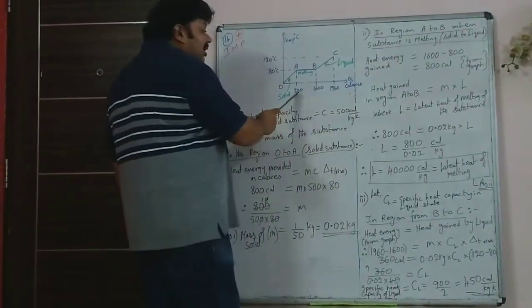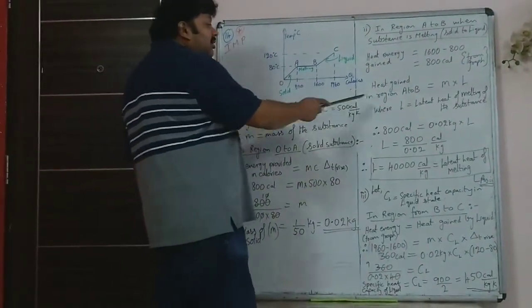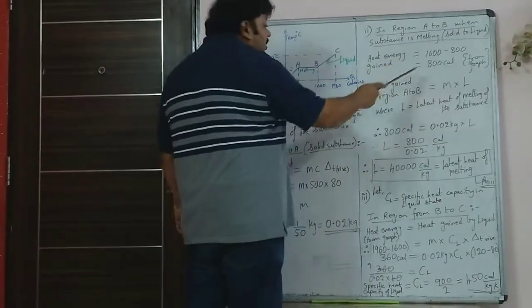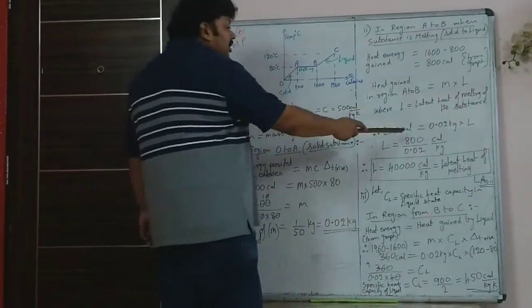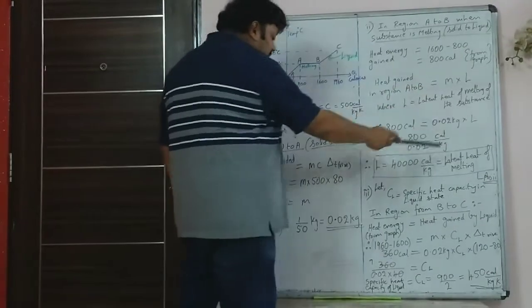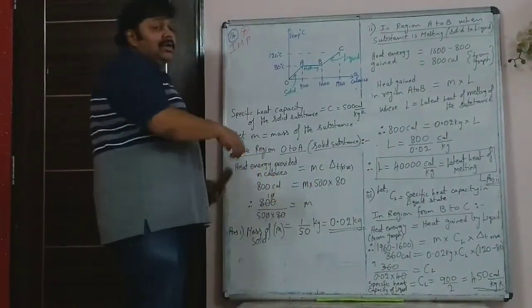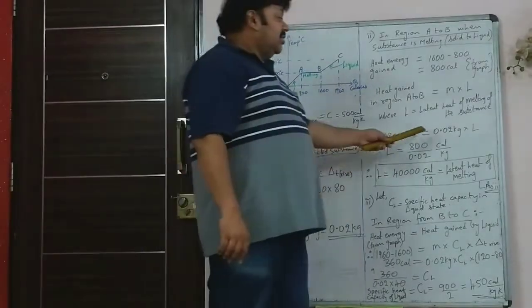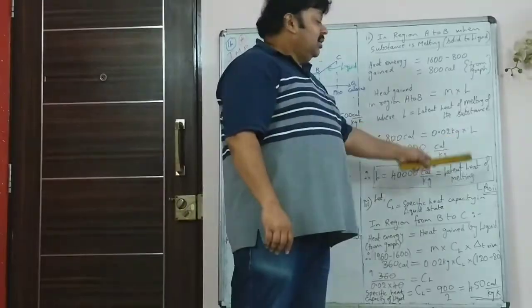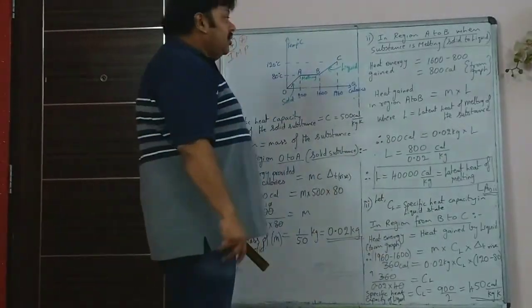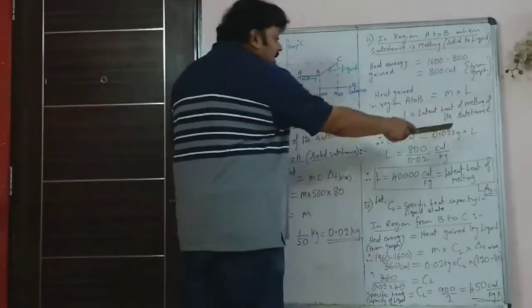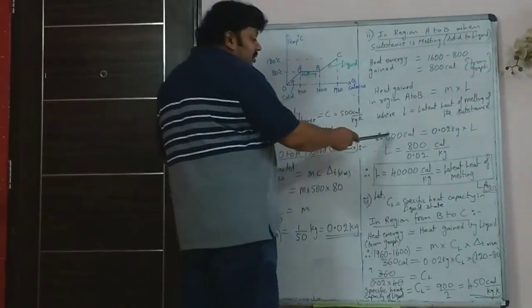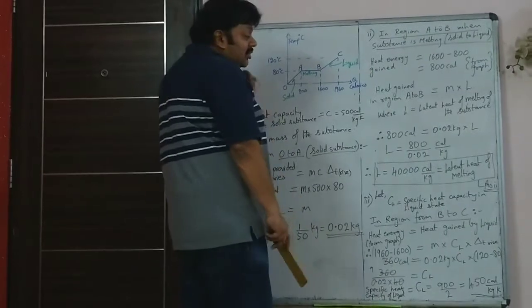And how much is the heat energy gained in this place? It is 1600 minus 800, that is 800 calorie. That is equal to mass. The mass is same. When it gets converted from solid to liquid, mass is not changing. Mass is 0.02 kg into latent heat of the liquid. So latent heat of the substance will be 800 upon 0.02.